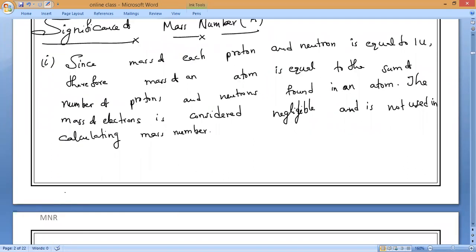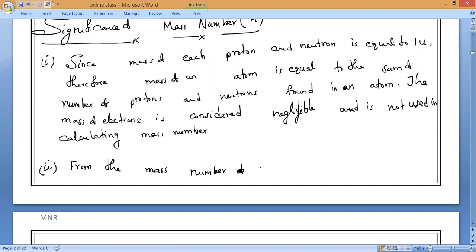From the mass number, we can find two things. Can you tell me what is that? Anyone? Number of protons and number of neutrons.